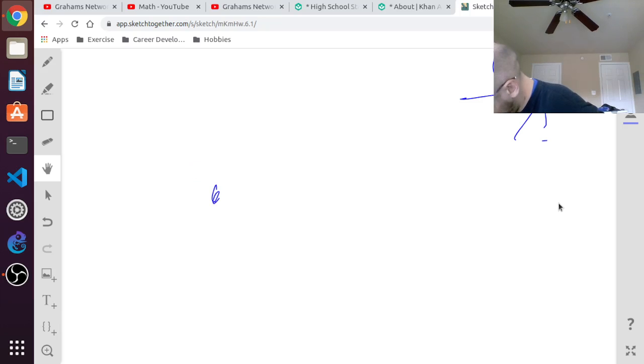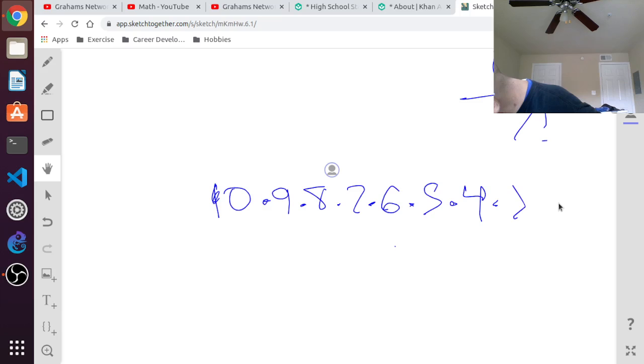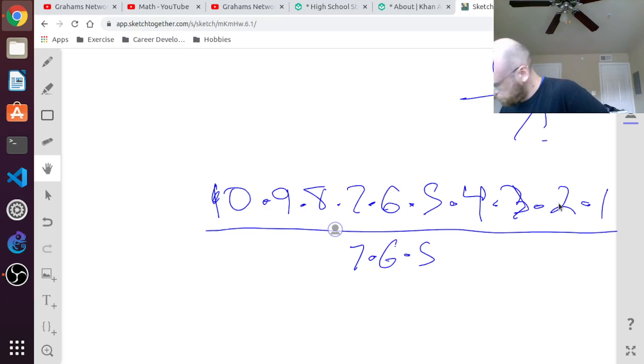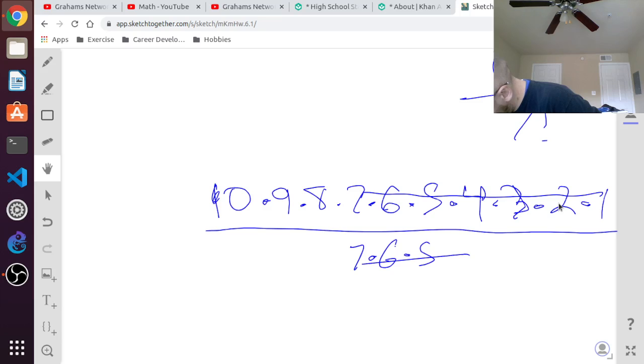Let's just write it out because it's pretty easy numbers to work with. 10 factorial is the equivalent of 10 times 9 times 8 times 7 times 6 times 5 times 4 times 3 times 2 times 1. And this is 7 times 6 times 5, so that's all going to be the same. It's a lot more simplified now. It's just 10 times 9 times 8 that is going to be the answer.